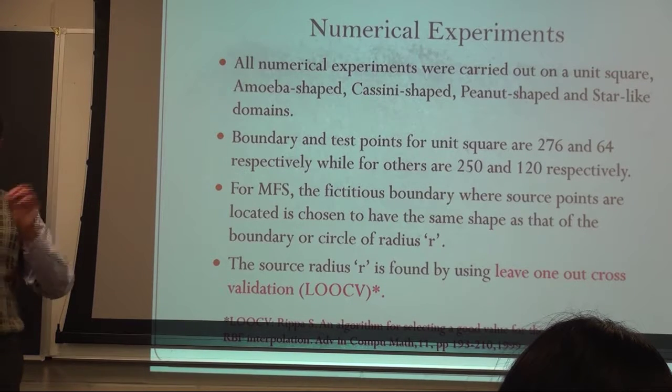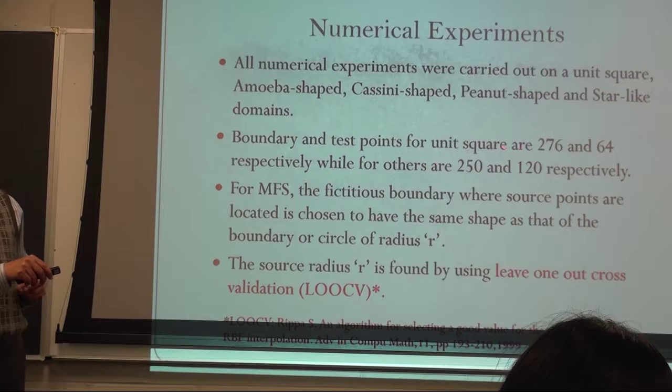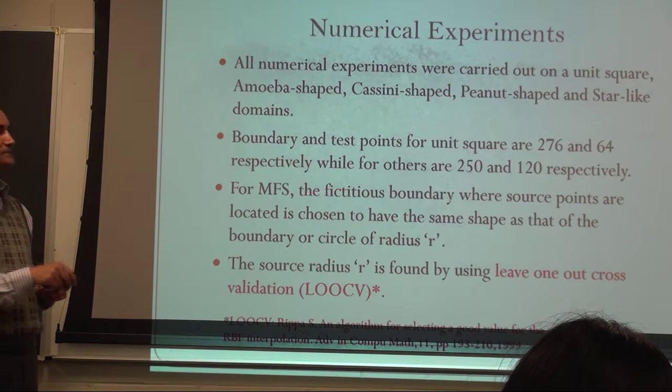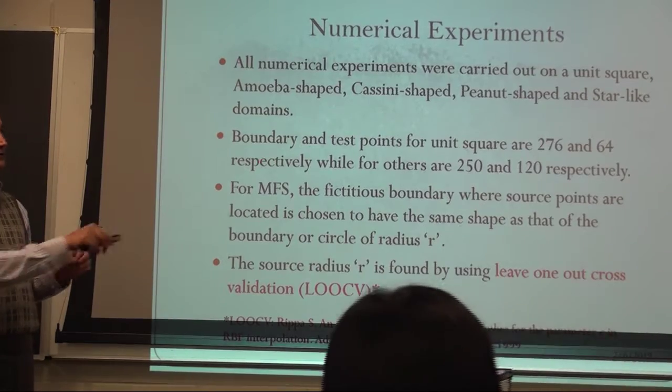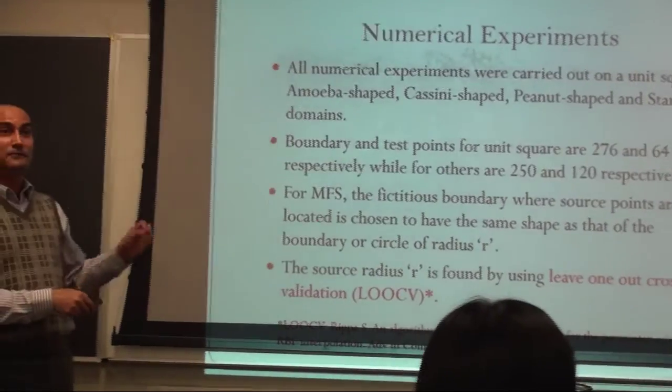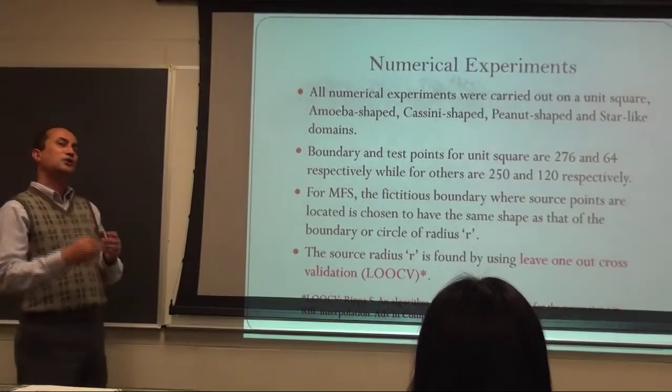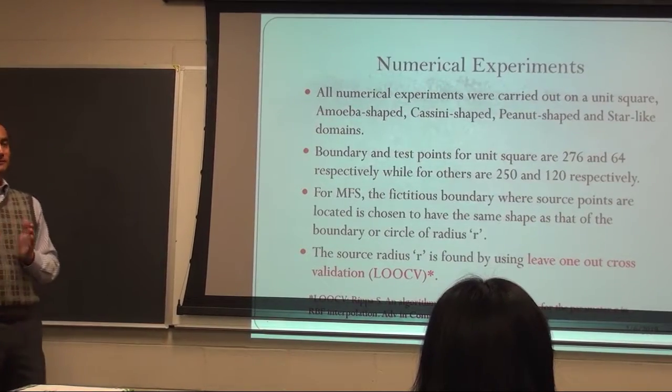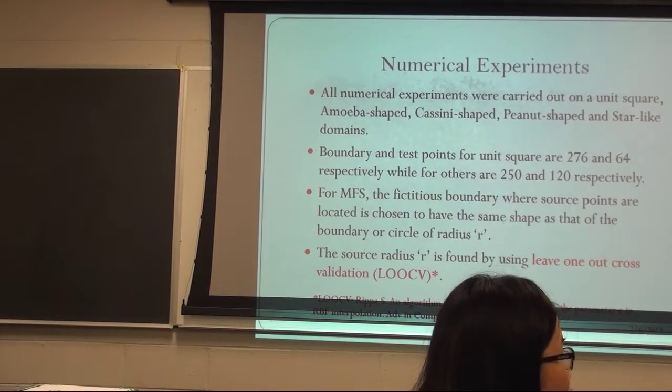We have to take a certain number of data points, that is, boundary points and test points. Similarly for the method of fundamental solutions, we have to have the fictitious boundary, because this is where we solve the boundary.